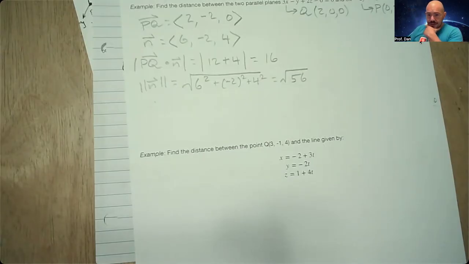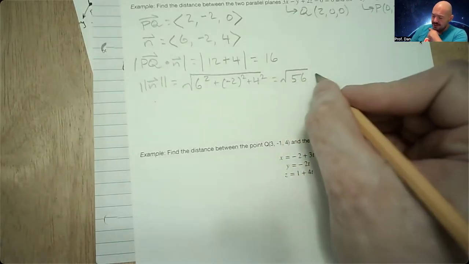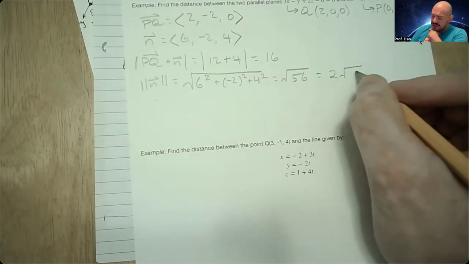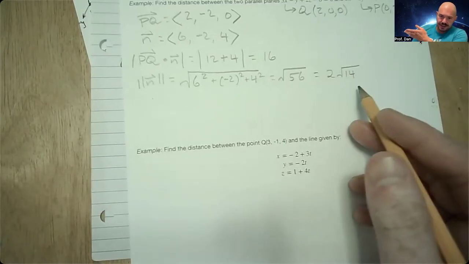And we could write this as 2 square root 14, right? Because that's 7 times 2 cubed. So if I take one of those 2's out, that's going to leave one of those 2's behind. So we could also write it like that.